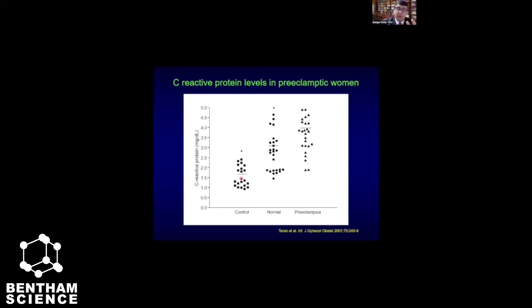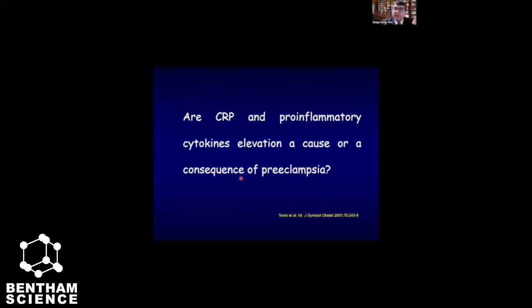So at that point, our question was, what is the real meaning of that? Were CRP and cytokines higher in preeclampsia the consequence of the disease, or the reason why the disease was developed?